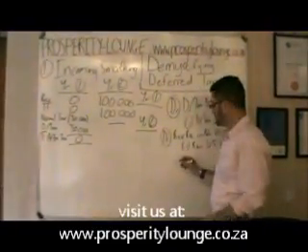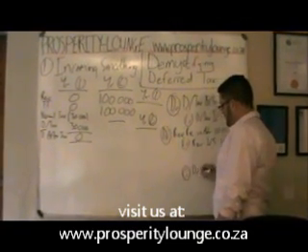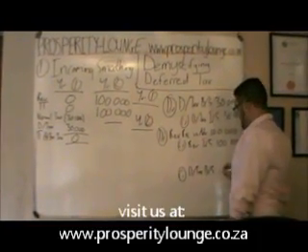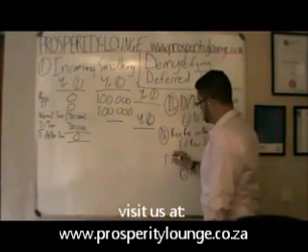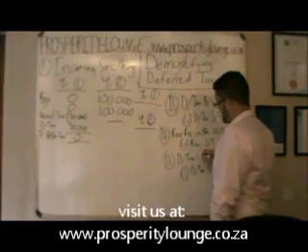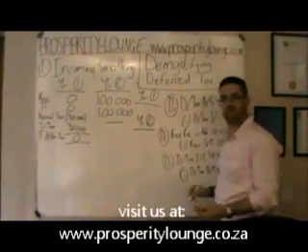So what do we do? Well, the easy side of the entry, of course, is to credit the deferred tax asset, being the balance sheet, with 30,000 Rand. And we debit deferred tax income statement, 30,000 Rand.